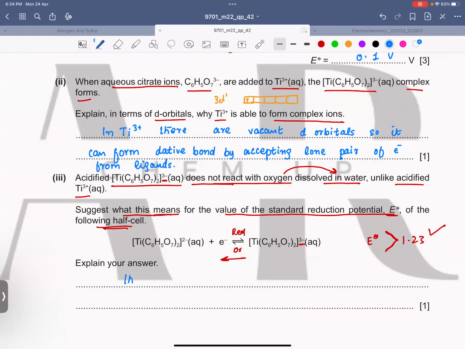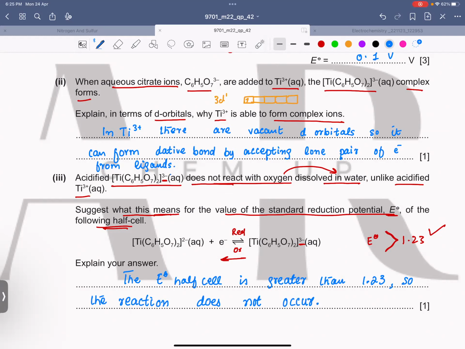Okay. So we can write that the E naught of the half cell is greater than 1.23, so the reaction does not occur.